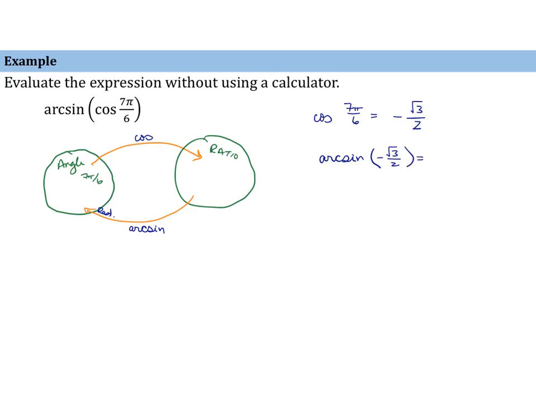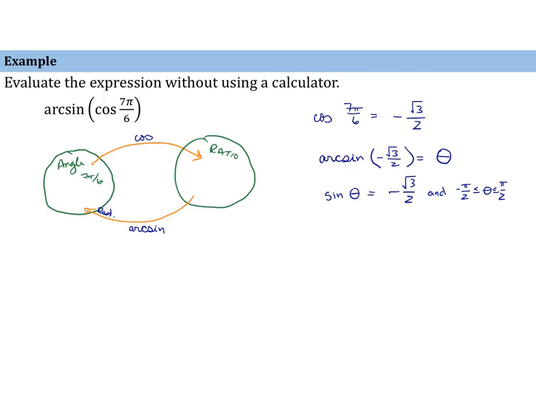And that is going to be some angle, call it theta. But this means that sine of theta equals negative root 3 over 2, and theta has to be in the restriction, negative pi over 2 to pi over 2.